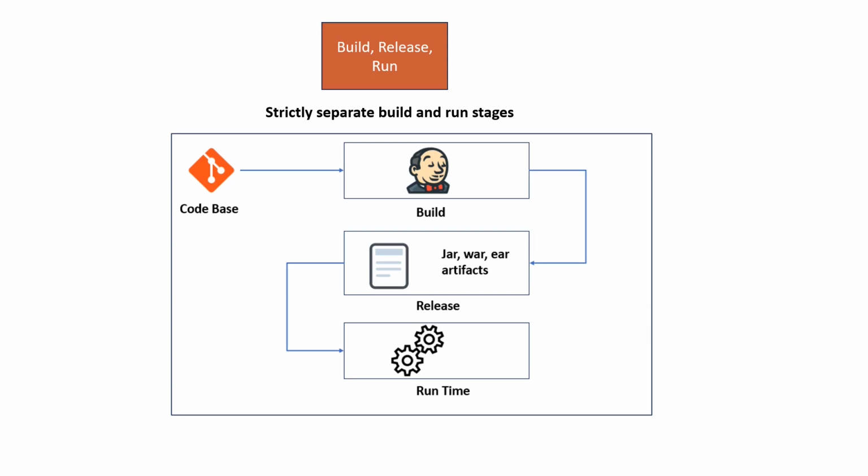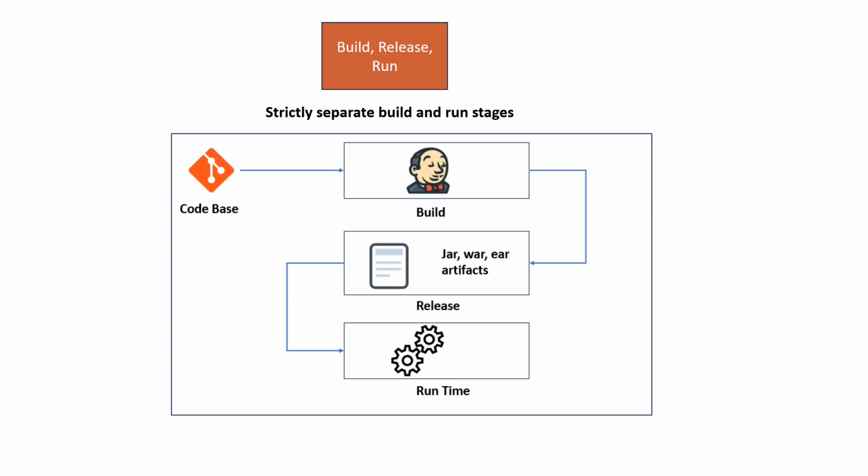For example, in the Java world, we create either JAR or EAR artifacts. Similarly, for any other technologies or tech stacks, they'll be creating some binaries or artifacts, which will be deployed at runtime. All the application code bases should go through all these three steps, right?